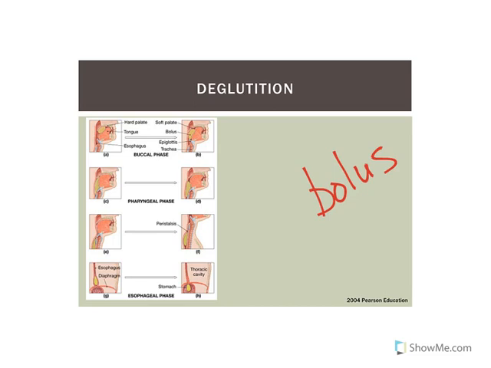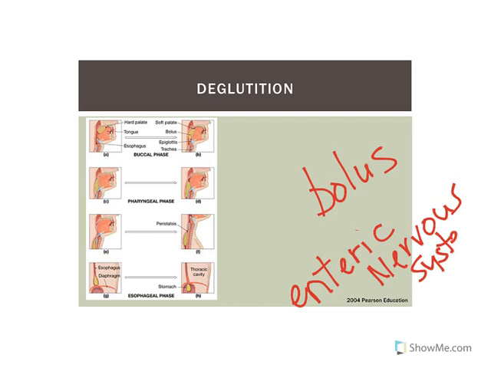And a very important component would be the vagus, but a number of other different cranial nerves will be involved in deglutition. But also there's going to be a component of the enteric nervous system, which is the GI tract's native nervous system, that will play a role in deglutition to help aid movement of food down the throat and esophagus.